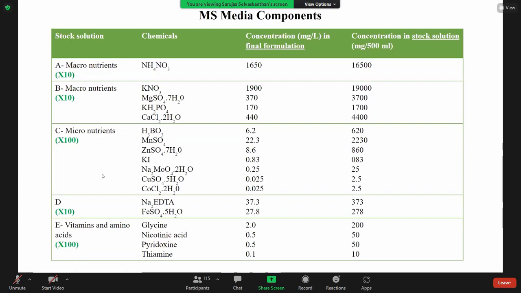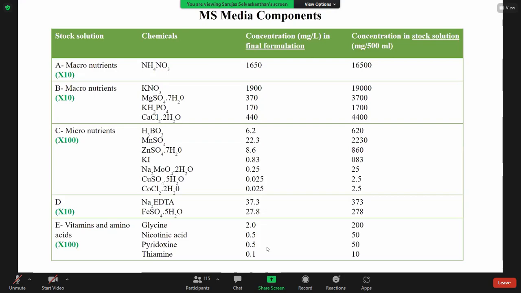What is stock A? What are the nutrients? What are stock solutions? Normally we prepare 5 stock solutions: A, B, C, D and E. Stock A and B contain macronutrients, stock C contains micronutrients, D contains iron, EDTA, stock E contains vitamins and amino acids, right? For the macronutrient nitrogen, we add ammonium nitrate. Likewise, for each and every nutrient, we add these chemicals. And in 1 liter of media, this many milligrams of chemical should be present.